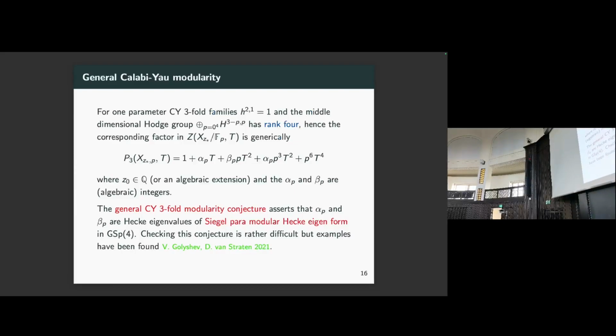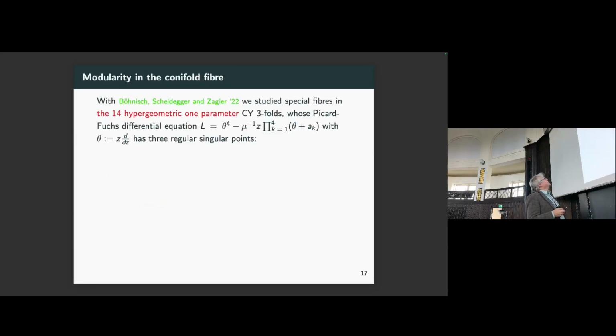Unfortunately, almost nothing is known about Siegel paramodular forms. Only one example has been found, to be completely honest. So that's too difficult. So we decided to study the situation when this thing factorizes.